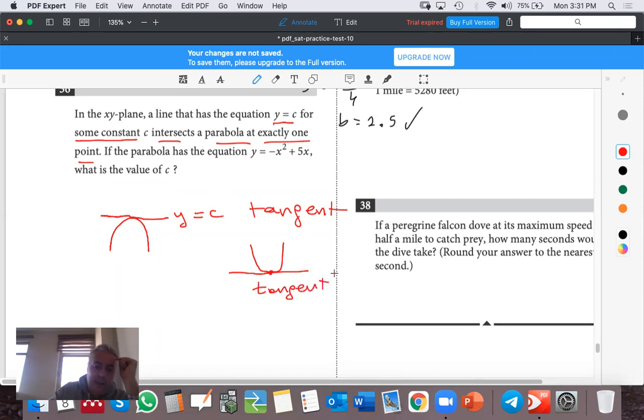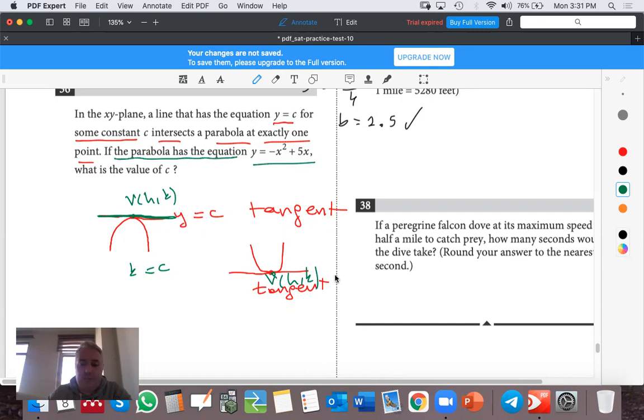I mean, for the vertex, if I say h comma k, now, since my y value is c, k is c. Good. Now, if the parabola has this equation, what is c?